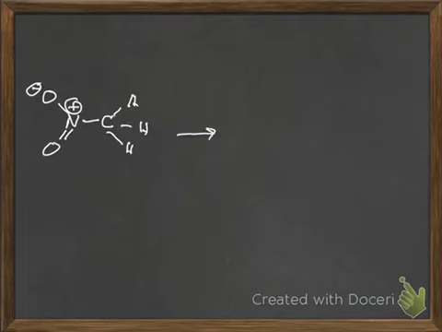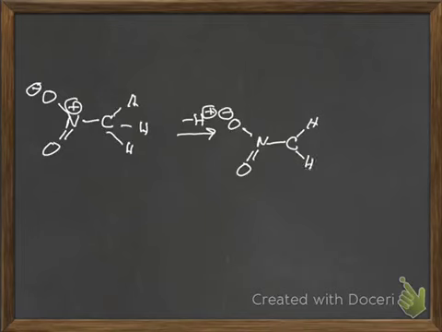We lose a proton, and here's what we have. All right? And you're thinking, well, there's no resonance structure there. And the answer to that is, oh, pshaw, because there is.